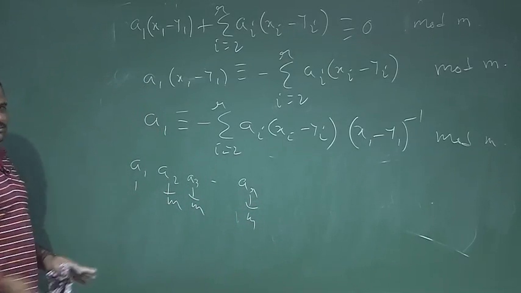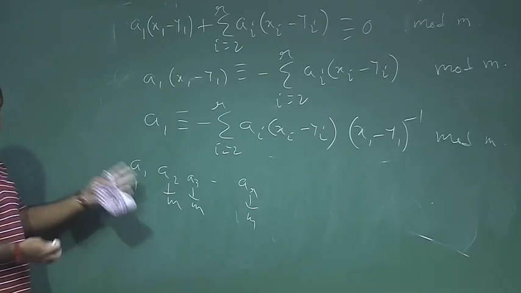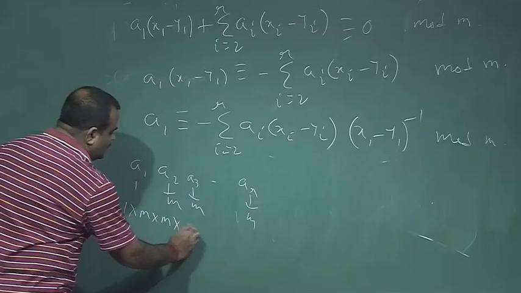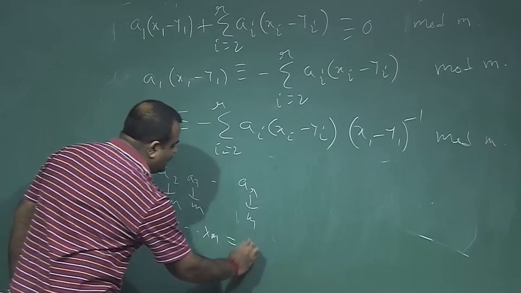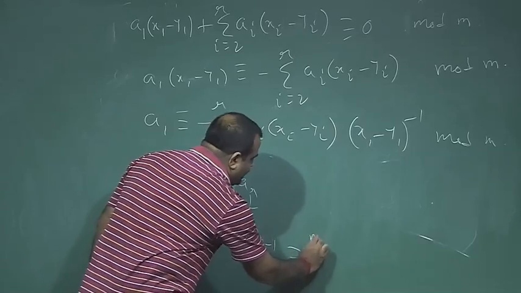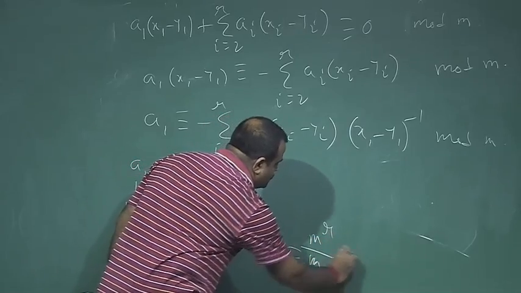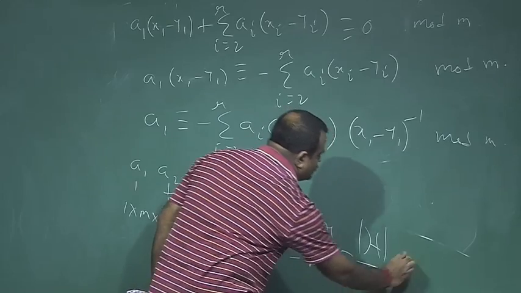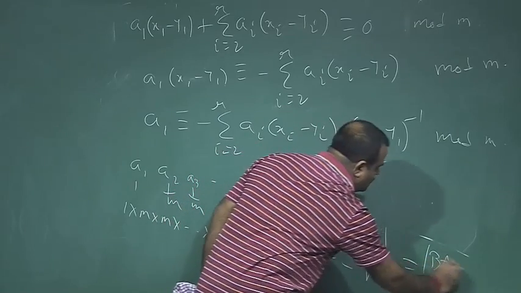So the total number of such collisions, the bad collection, is 1 times m times m and so on, which is m to the power r minus 1, which is m to the power r divided by m. So this is the cardinality of H divided by m. This is the size of the bad portion.